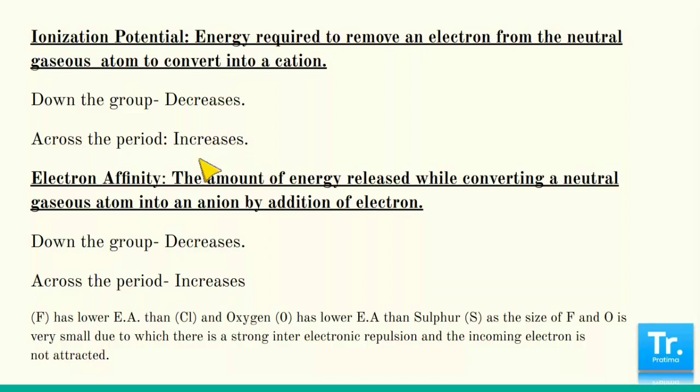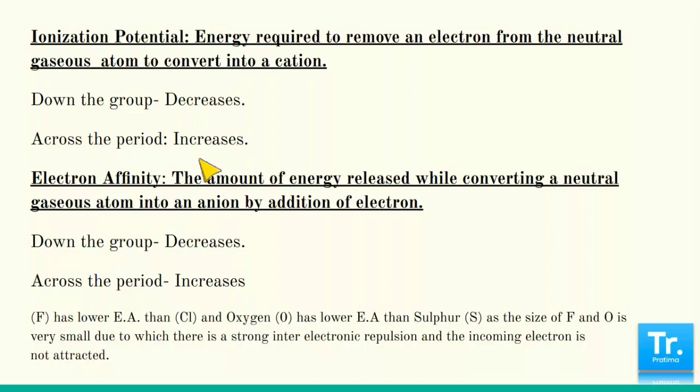Why? The atomic size decreases as well as more nuclear charge. So we can say that helium has the highest ionization energy and caesium has the lowest ionization energy. A metal will always have low ionization energy and a non-metal will always have high ionization energy.